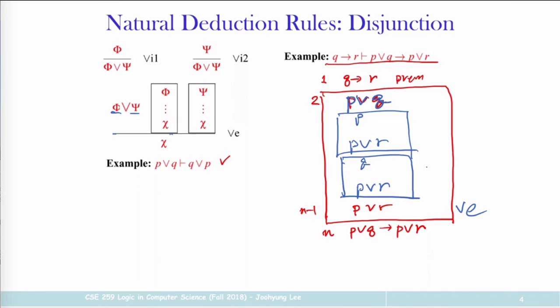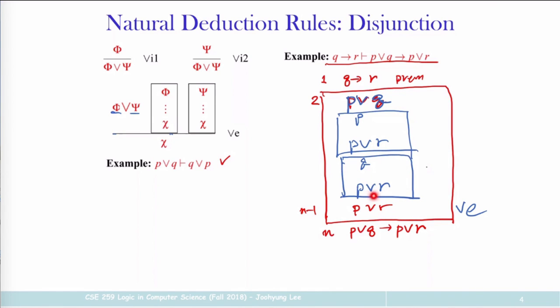Note here that we use different P or R, P or R here, but each of them has different assumptions. For this P or R, it is inside this box, right? So you can use the assumption about P in order to derive P or R. When you are proving this, you have the assumption about Q, but you don't have access to P. Note that the scope of the box is very essential.